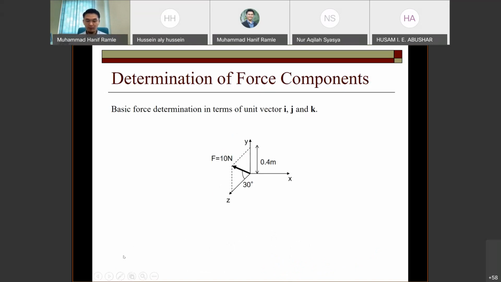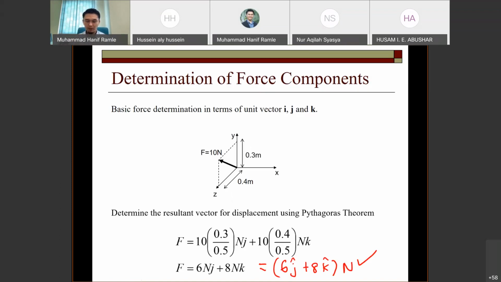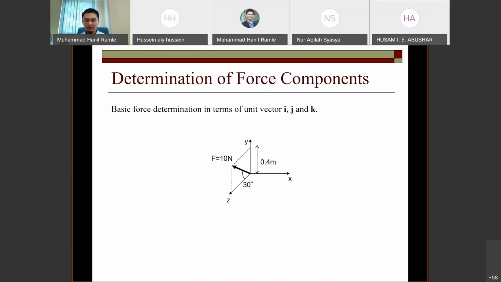The third one is not really similar to before, but you can see one angle there. For the previous one, we gave you the length from 0 until the final length of force. For this case, we only give you the length in the y-axis, but the angle in the z-axis.